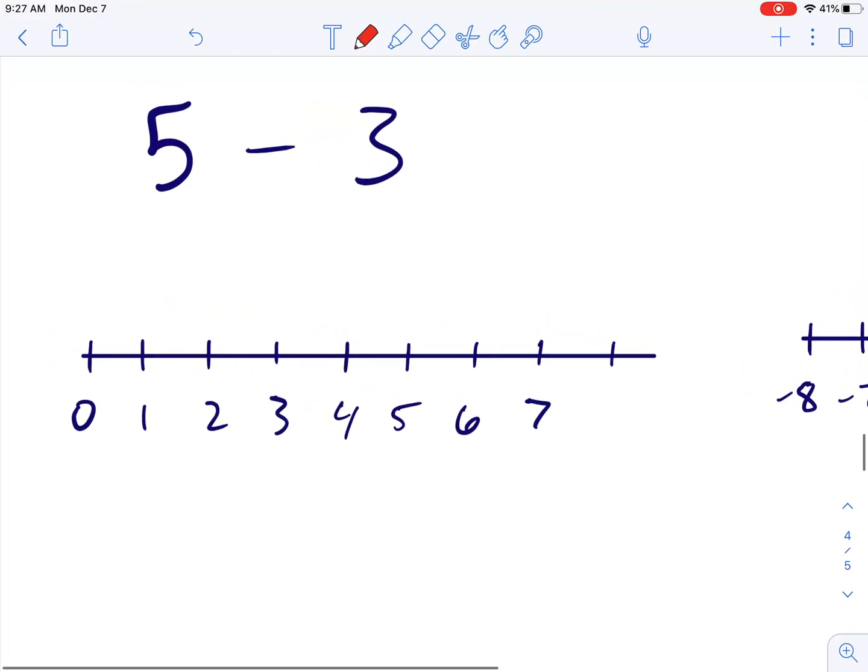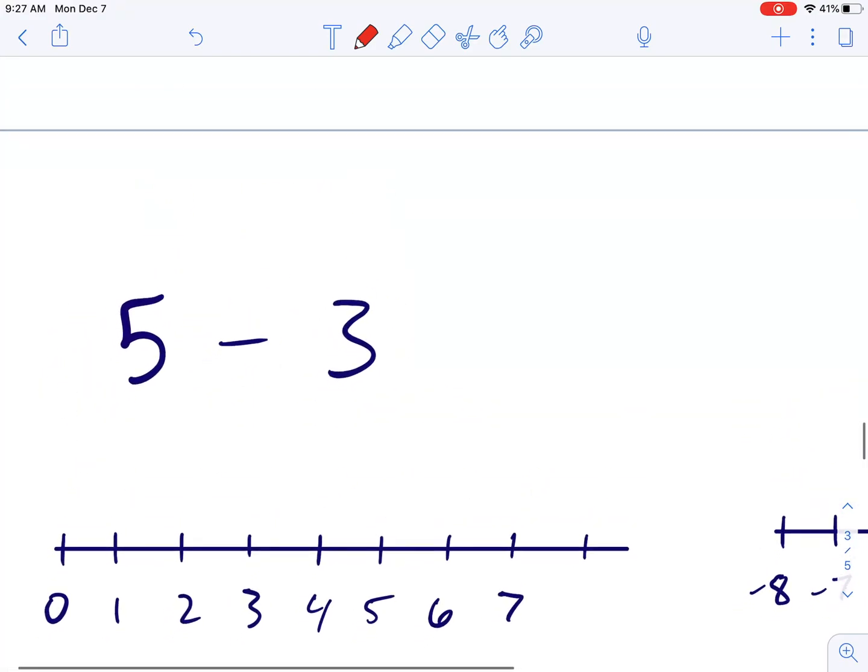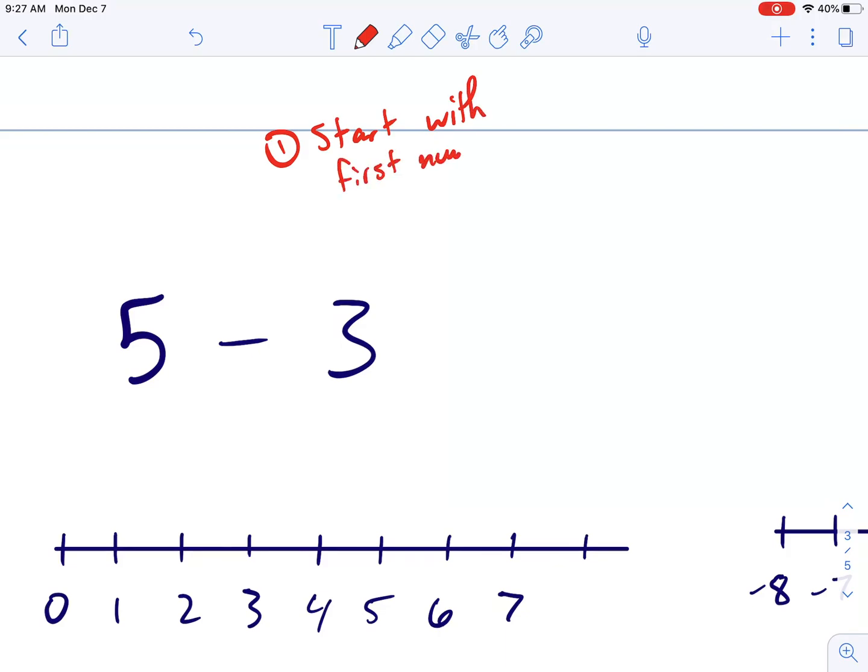So let's think about it now with the number line. So we'll start with an easy one, and once again, same thing as before, right? Start with the first number. And then your second thing is that subtracting is kind of like the opposite of. So subtract equals opposite.